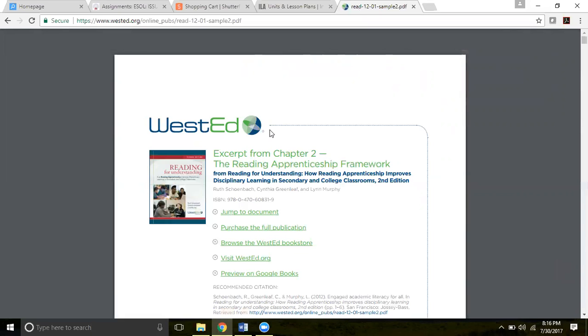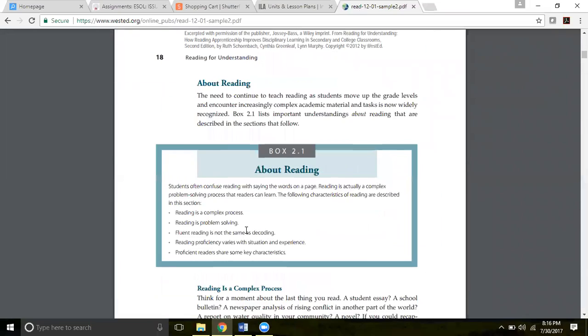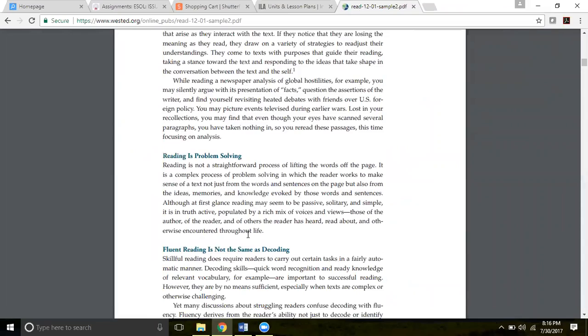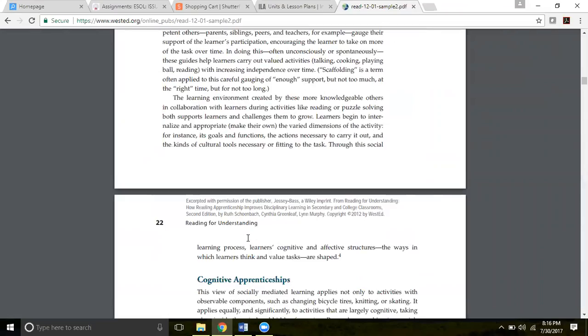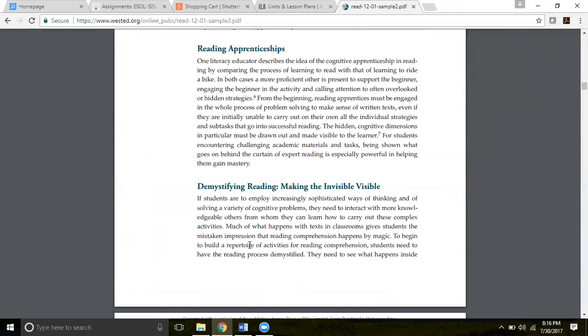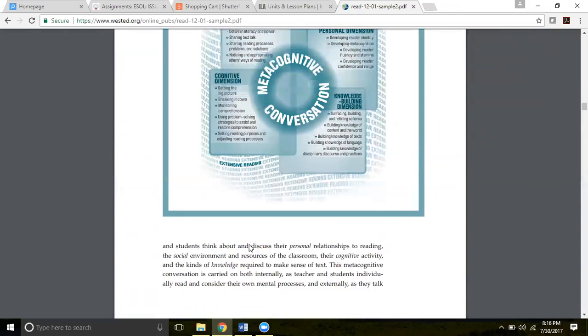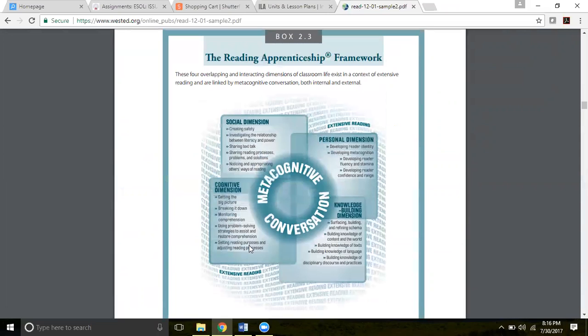WestEd really started the Reading Apprenticeship Framework. So we can go through here, we can talk about what is reading, reading as a complex issue, reading as problem solving, and what good readers are. It also talks about the relationship between cognitive understanding of our reading and how we actually read. It goes on to show us the metacognitive conversation that we have as readers and active readers.